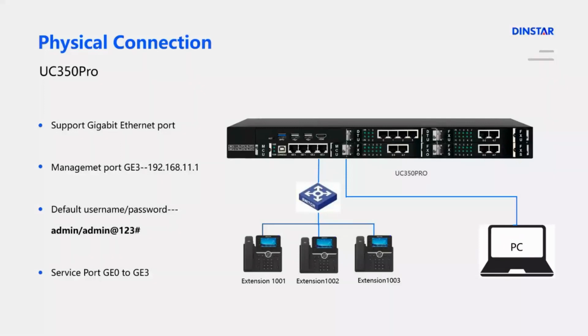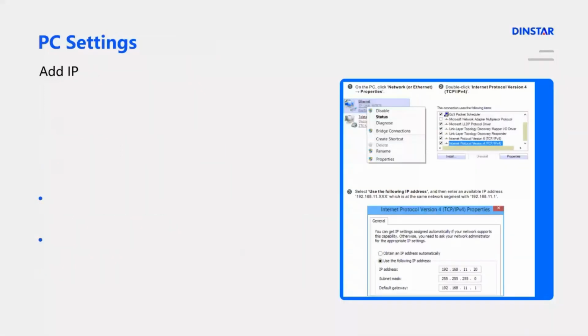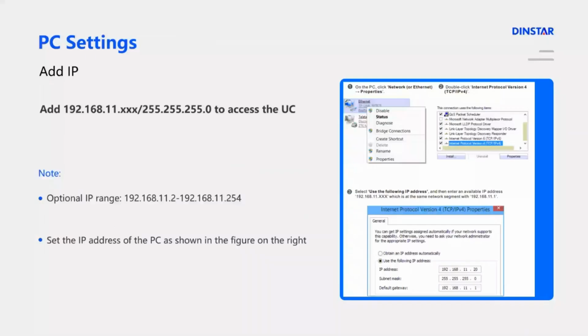Yeah, we have to set the same network segment as the device's default IP address. Our default IP is 192.168.11.1. So we have to set the same network segment as the picture shows.